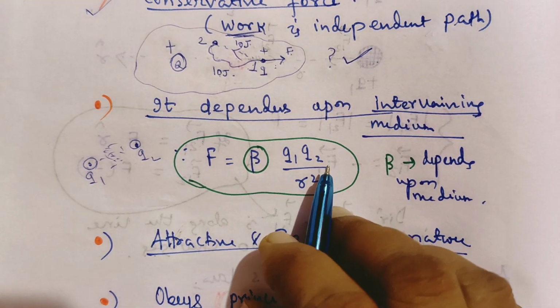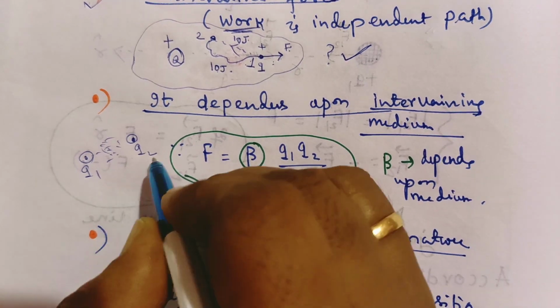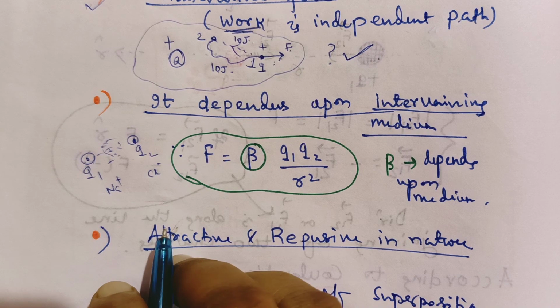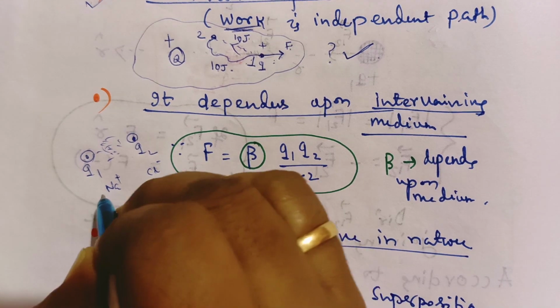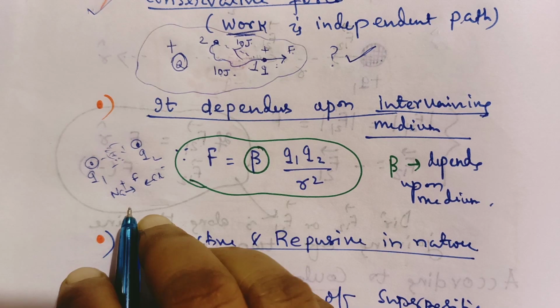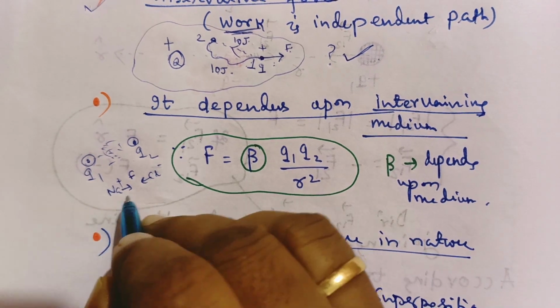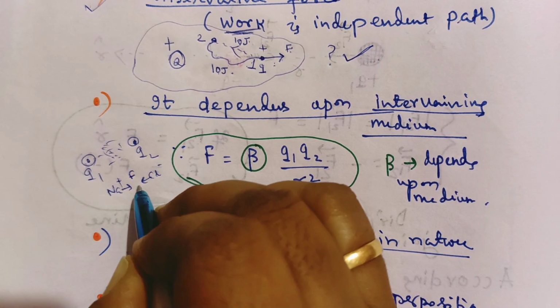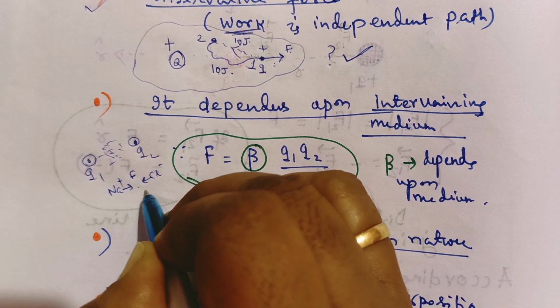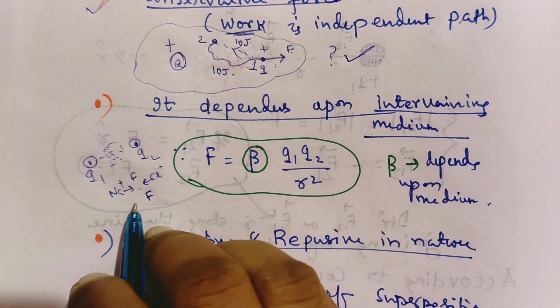For example, take sodium chloride, Na+ and Cl-. These are two charges, so an attractive force will act here. If the sodium chloride is kept inside water, an attractive force will still be developed, but it will decrease.